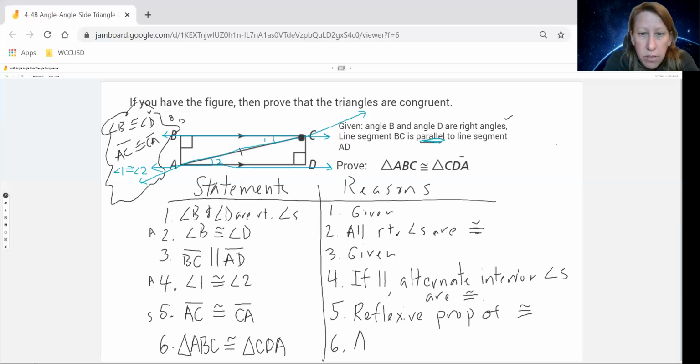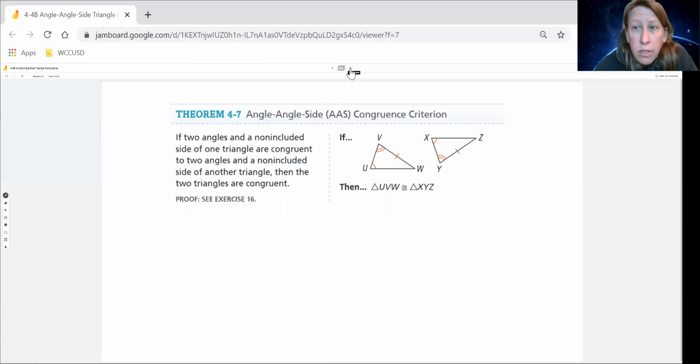And I've used a theorem that is allowed, which is the angle angle side triangle theorem. Okay, there's the theorem in the book. That's why we can use it. It says if two angles and a non-included side of one triangle match up with two angles and a non-included side of the other triangle, then the triangles are congruent.